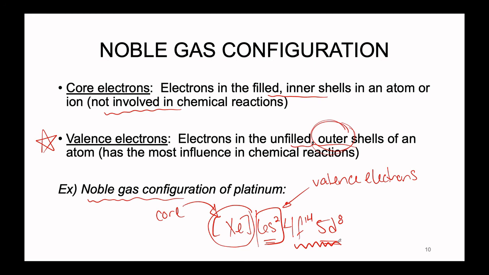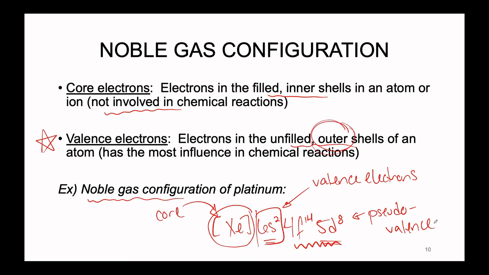The way that I refer to them, just to admit that they're in this gray in-between zone, is I call them pseudo-valence. It just feels better than trying to pick these electrons up and put them in one of two classifications that don't really fit, right? They're not really core because they're on the outside, but they're not really valence because they're not super reactive. We're just going to call them pseudo-valence.